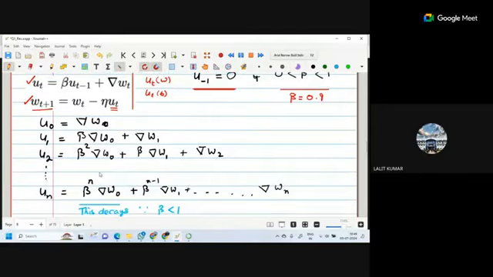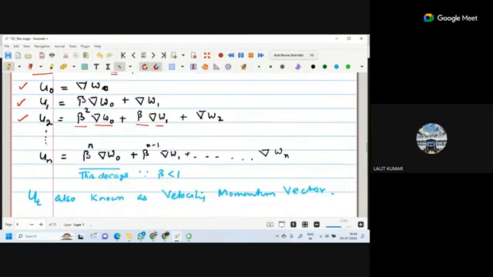If you take the first iteration, u0 will become delta w0, u1 will become beta times delta w0 plus delta w1, and u2 will become beta square times delta w0 plus beta times delta w1 plus delta w2. So we are carrying the momentum of the past gradients also.